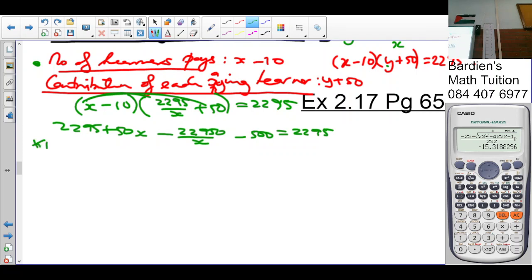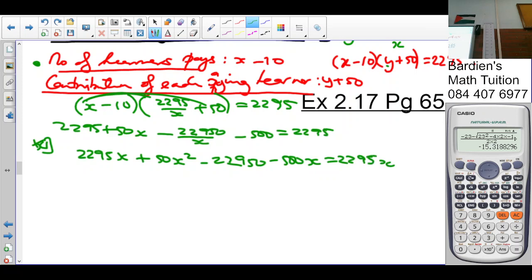Multiply throughout by x, get rid of the denominator: 2295x plus 50x squared minus 22950 minus 500x equals 2295x. This simplifies, so I got 50x squared minus 500x minus 22950 equals 0.